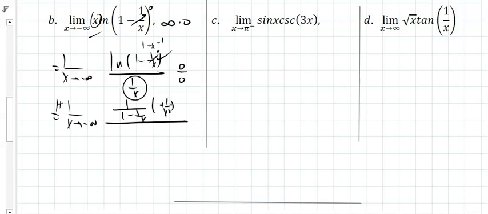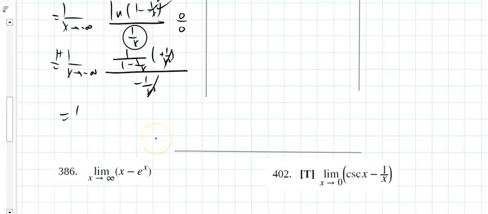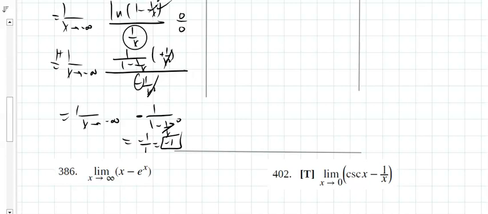And derivative of x to the negative 1 is negative 1 over x squared. Those two cancel out. And I'm left with the limit as x approaches negative infinity of negative 1 divided by 1 plus 1 over x, minus, not plus. As x approaches infinity, that will approach 0. You're left with negative 1 over 1, which is negative 1.